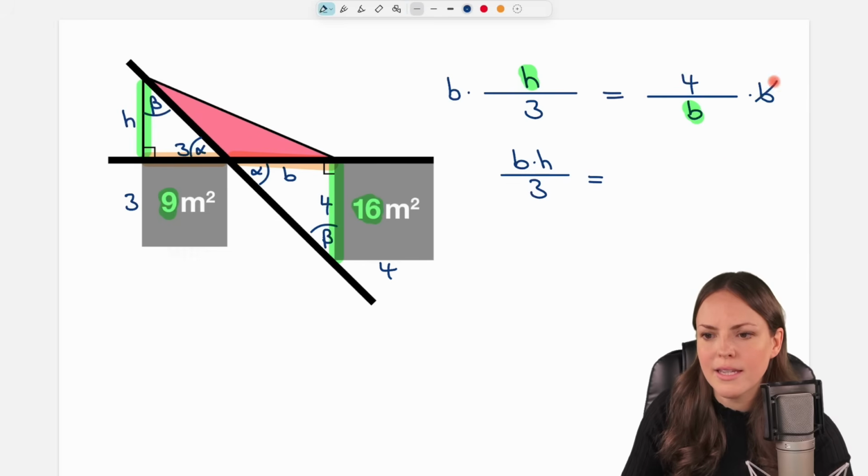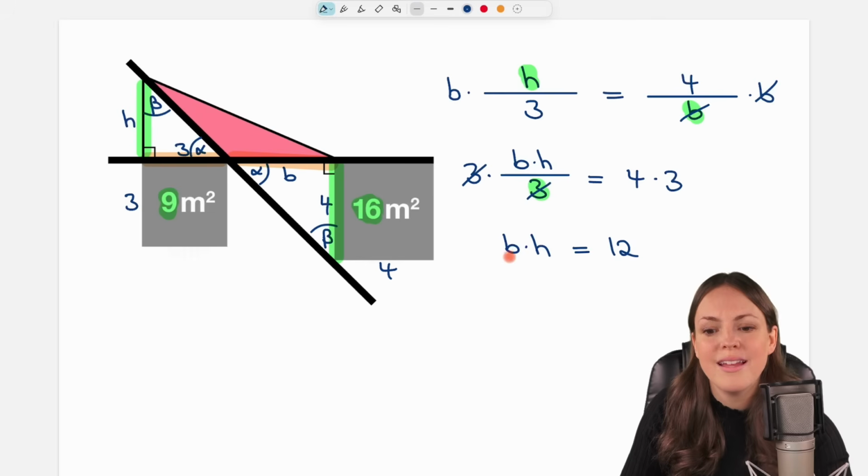And on the other side, this cancels out and only 4 is left. And now we want to bring the 3 to the other side by multiplying by 3 here and by 3 here as well, so that this cancels out. And only my two variables are left here. And here I have 4 times 3, which equals 12. B times H equals 12.